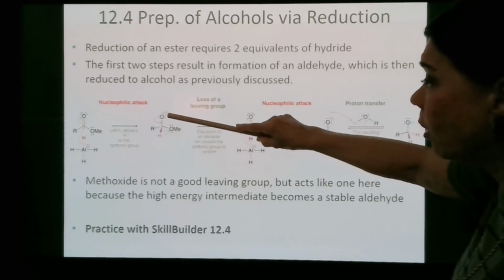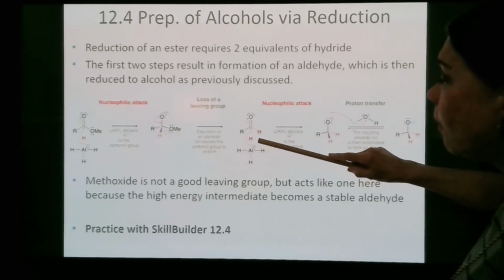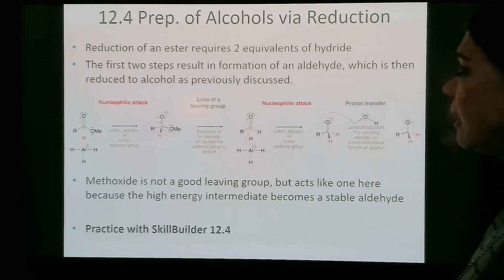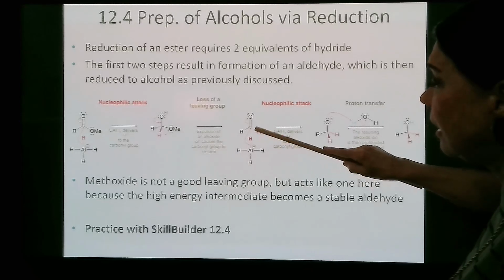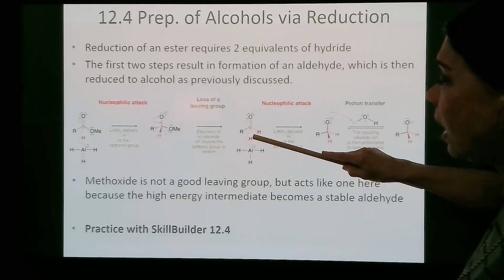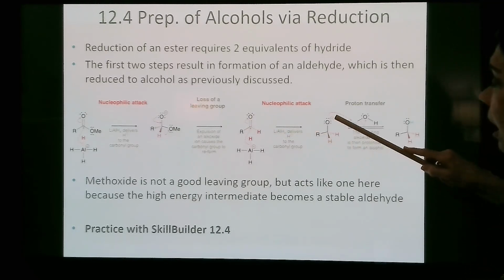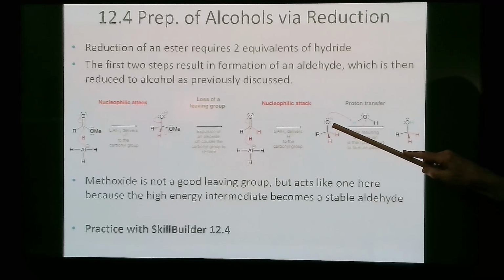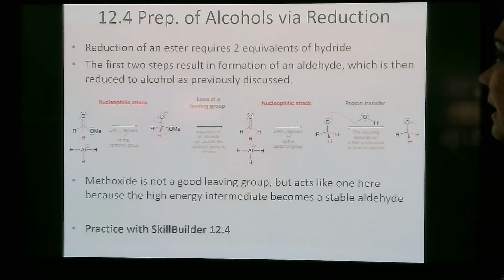It is reformed in this step, and now this can react again with aluminum hydride, and hydride attacks here at the carbon of the carbonyl. The pair of electrons in the pi bond moves out onto oxygen. Once again, you have an alkoxide generated, and it plucks a proton off of water.